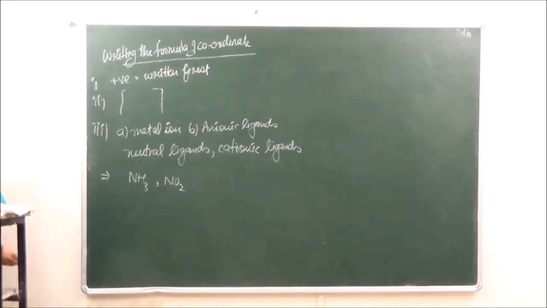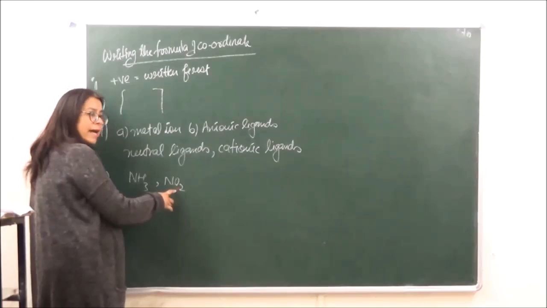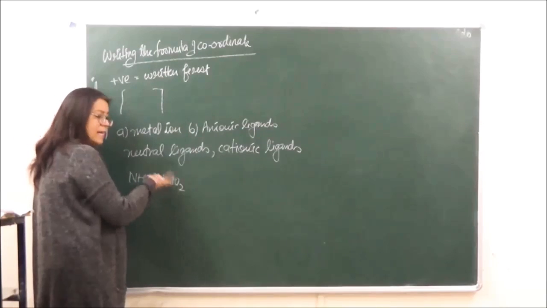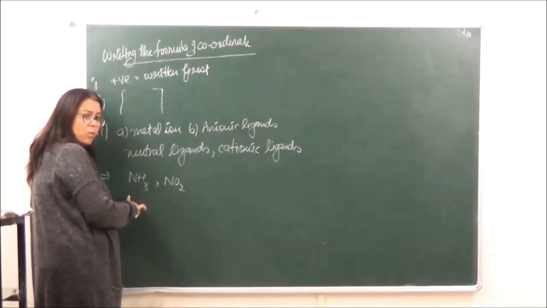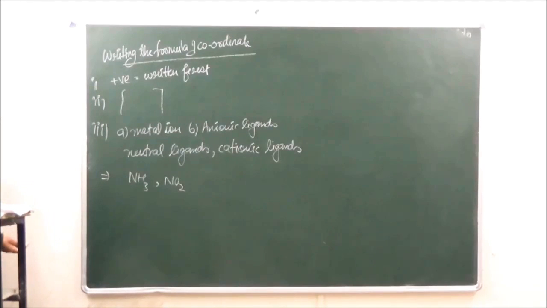Alphabetically in the sense that amine is M, nitro is I. So I will come first and then amine M will come. So you will place nitro first and then you will put the amine. Now if there are more than one kind of anionic ligands present, then also you have to use the alphabetic order. Okay? So let's take a few examples over here.